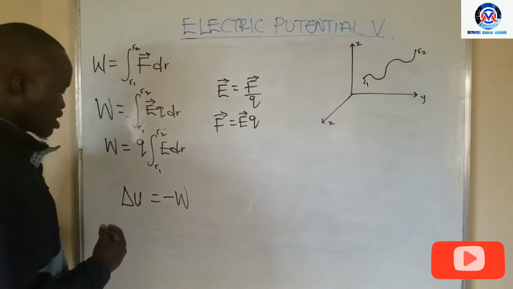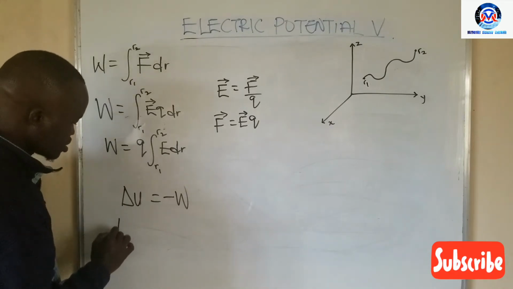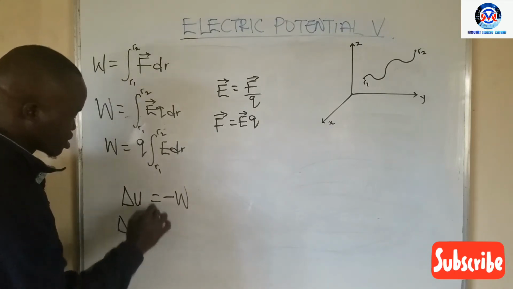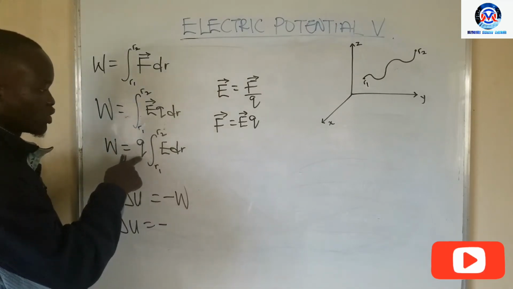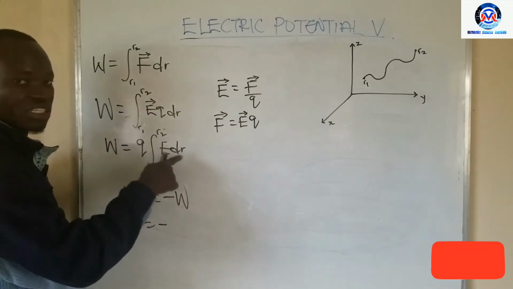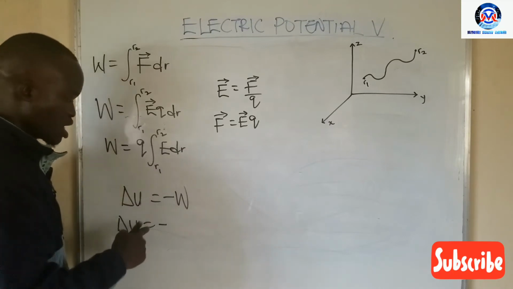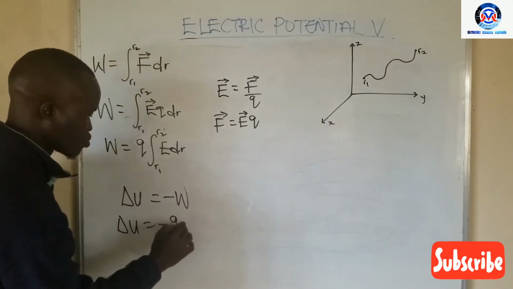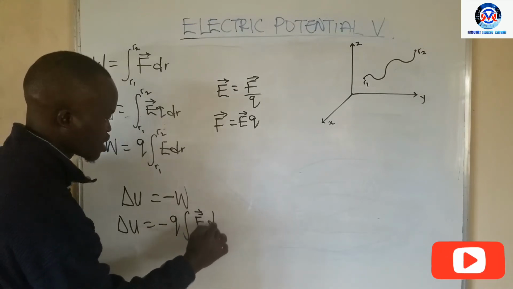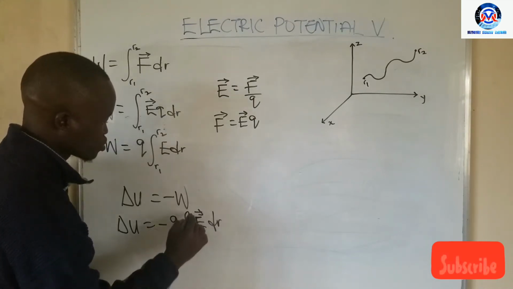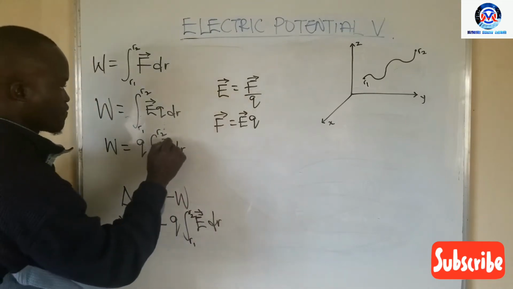So now we have that the change in U, which is the potential energy, is negative work, and the work is simply Q multiplied by the integral of E dr from R1 to R2, and this is negative Q times the integral of E dr from R1 to R2. This is a vector.